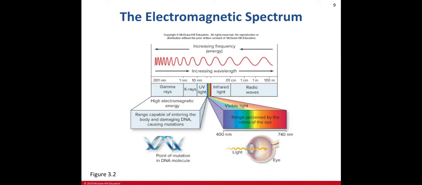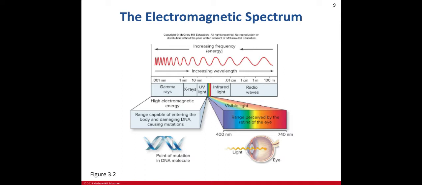So here's an example from your book as well, sort of showing you the different frequencies on the electromagnetic spectrum. Do not feel that you need to memorize the different wavelengths. That's not really what this is for. It's just showing you that we have an electromagnetic spectrum that goes all the way from gamma rays that have a very high electromagnetic energy.